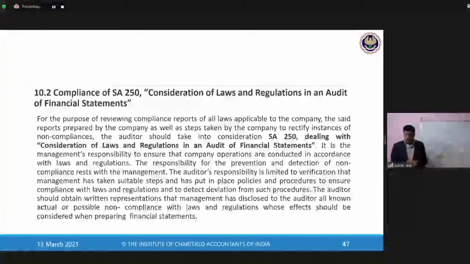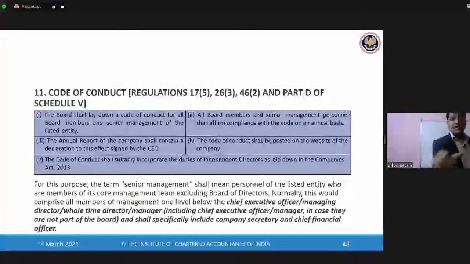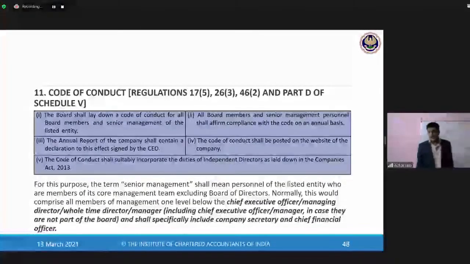So that's why when it comes to the management, they need to ensure all of this. This is again something which we discussed in case of this essay, and we understood that even though the auditor will be performing procedures around it, but primarily it's the responsibility of the management, those charged with governance. So they need to take care of all of these aspects if this has not been complied with. All right, clear?